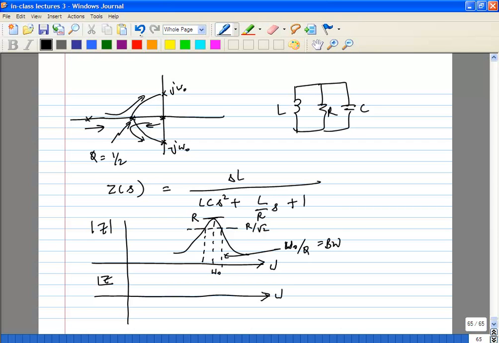Then you can plot your angle. It starts off at plus 90. At omega naught it goes to 0 because it becomes purely resistive.